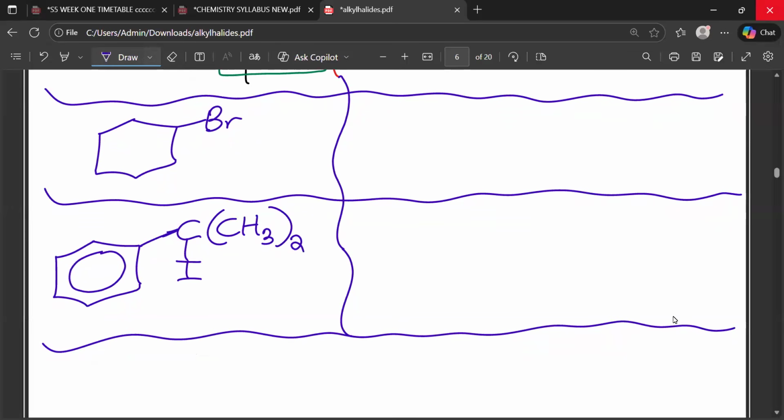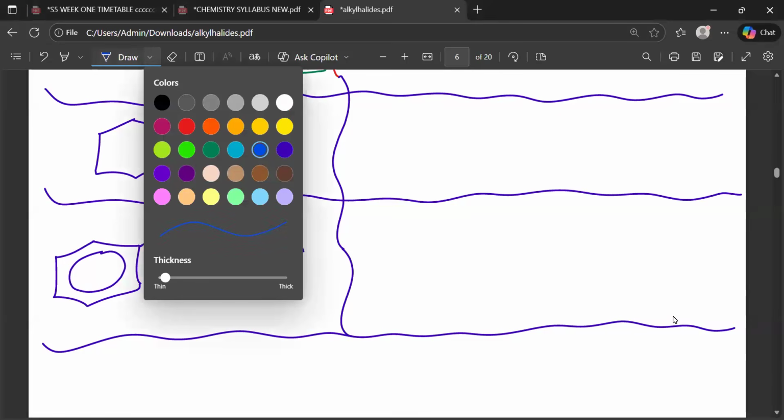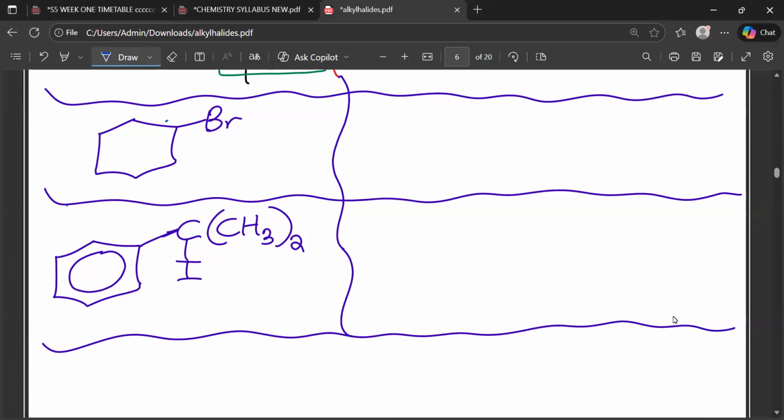This is what people are saying in the chat. Carbon to bromine. Carbon bromine, that is wrong. It's supposed to be carbon 2. Someone may ask, where is that carbon? The carbon is here.